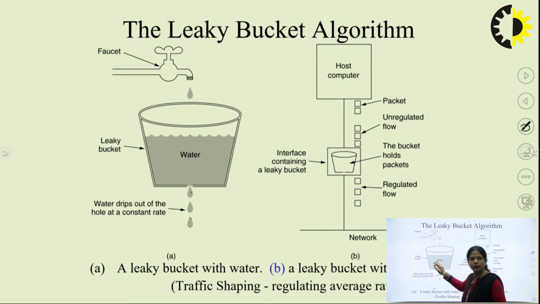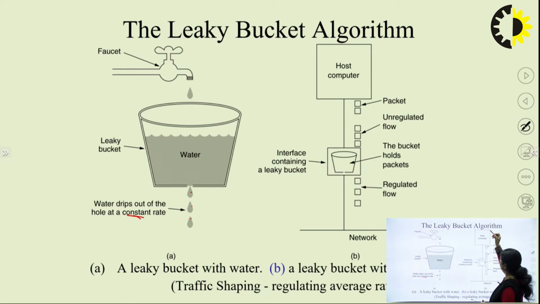No matter at what rate the water is getting filled in this bucket, the water drips out of the hole at a constant rate. The same concept has been applied in the communication network.